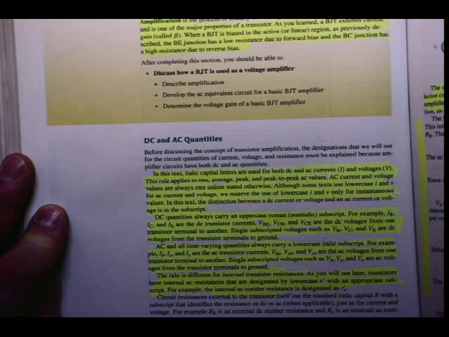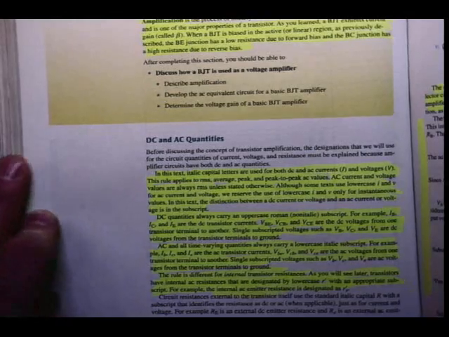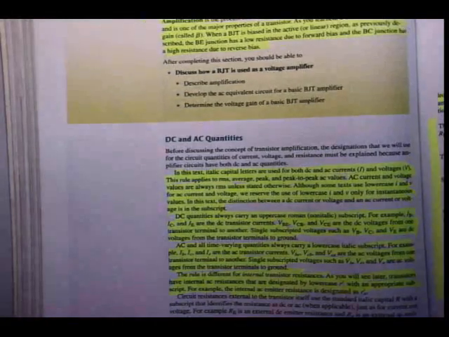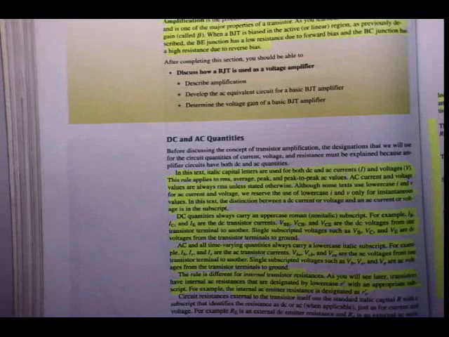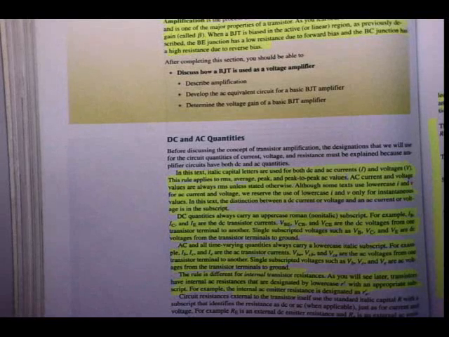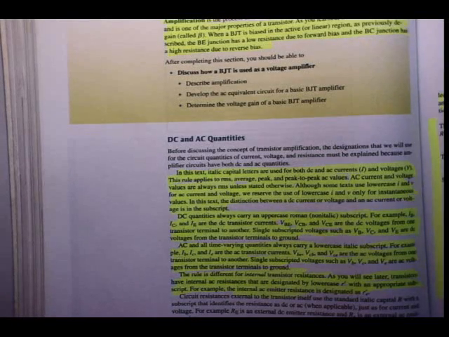Please underline that. Especially very important when you're going to do calculations and you want to show me some waveforms on the oscilloscope. The oscilloscope cannot show me RMS values, for instance, right?